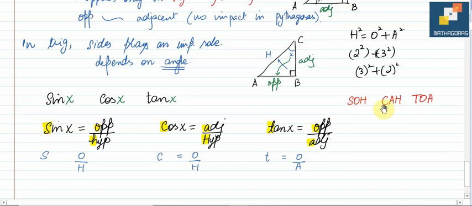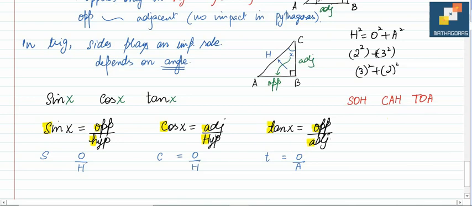CAH means cos equals adjacent divided by hypotenuse, and TOA means tan equals opposite divided by adjacent. Right? So that is a little technique to remember these working formulas.